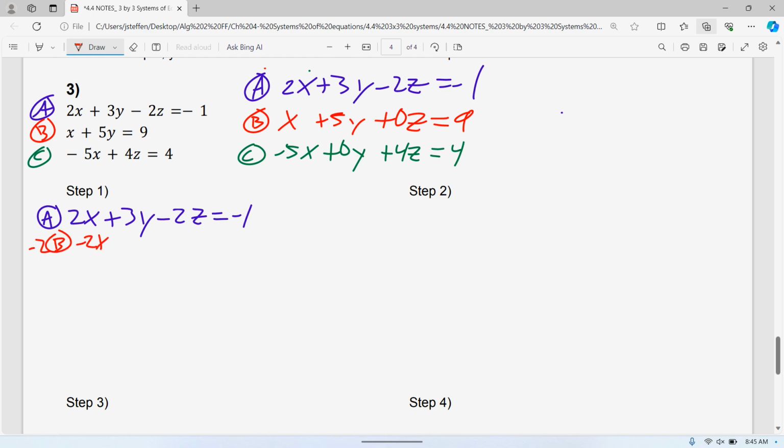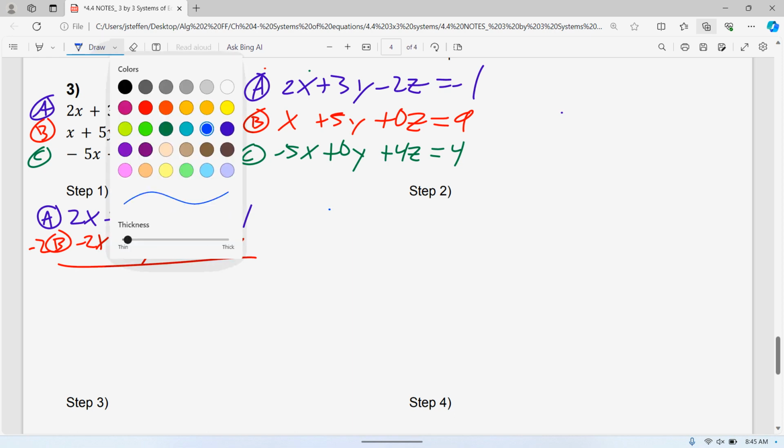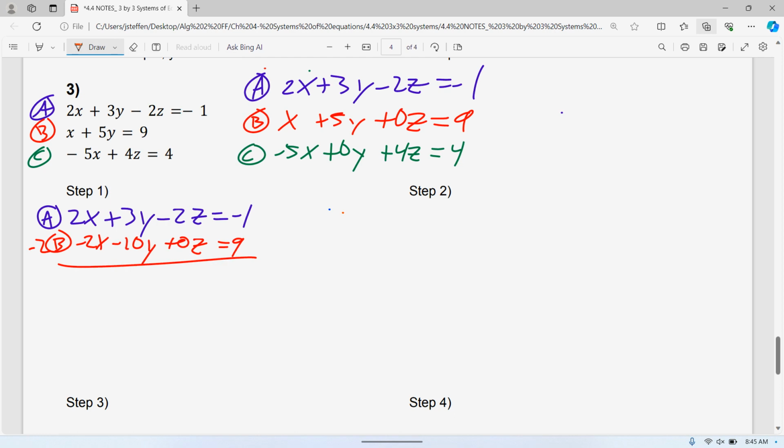So negative 2x minus 10y. Negative 2 times 0 is just 0, so that's still 0z. That is negative 7y minus 2z is equal to 8.